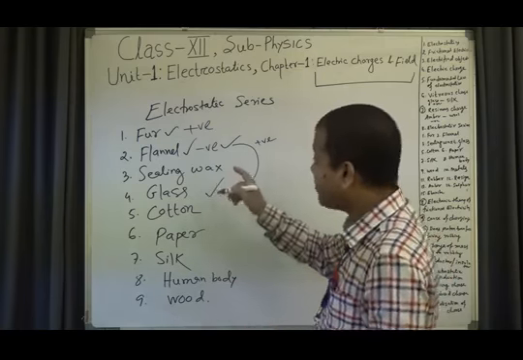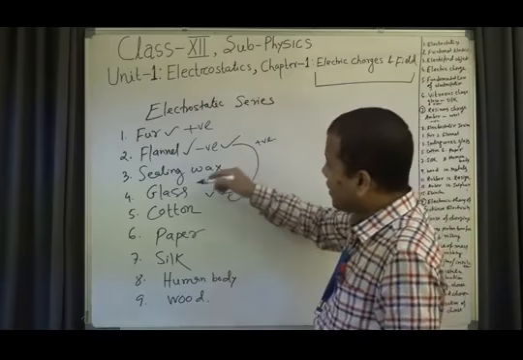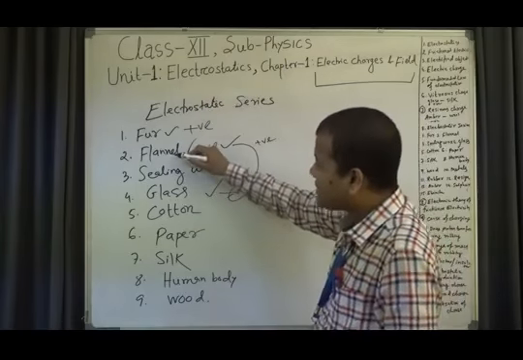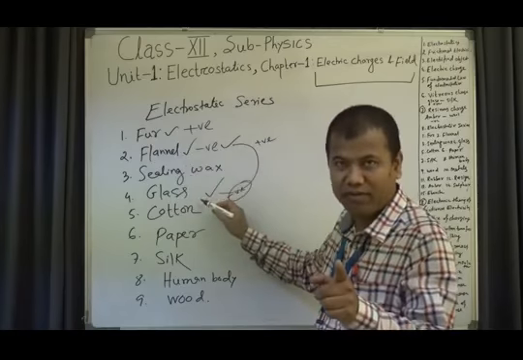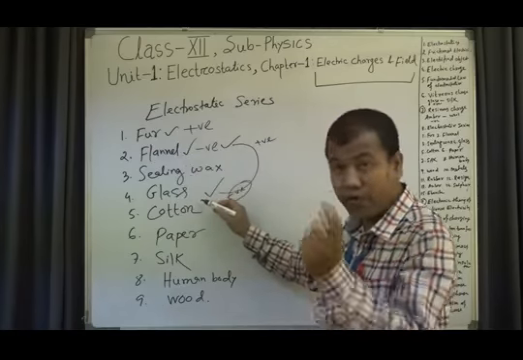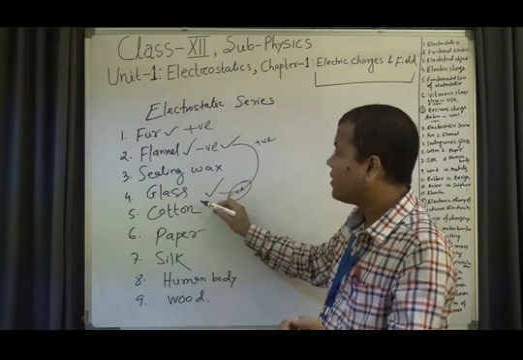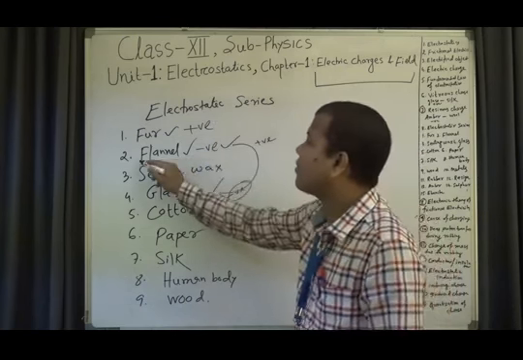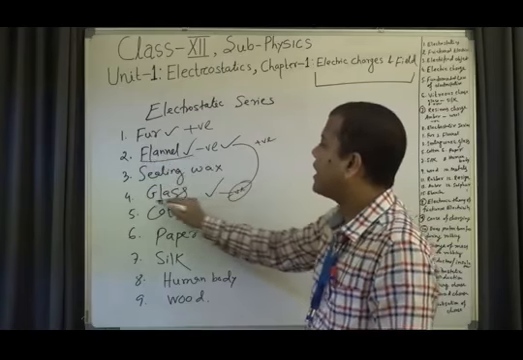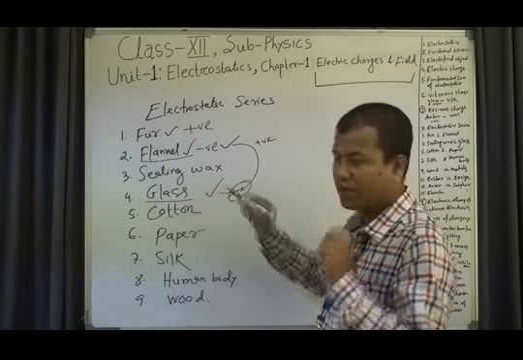That means in the series, flannel is the earlier object and glass is the later one. That's why according to the law of the electrostatic series, a positive charge will be developed on the earlier one and negative charge on the later one.